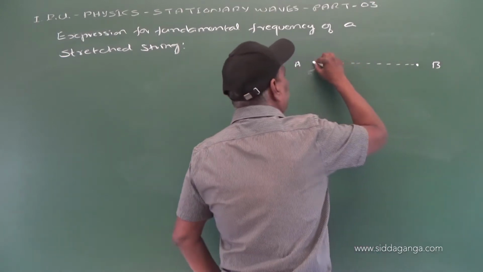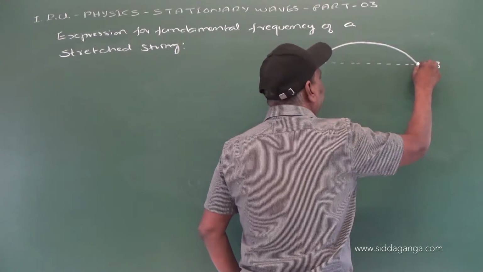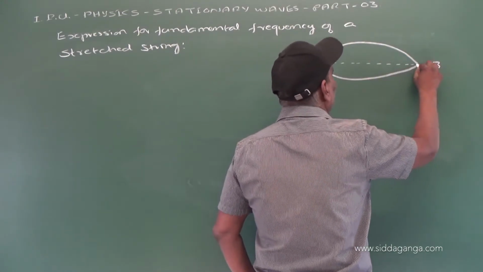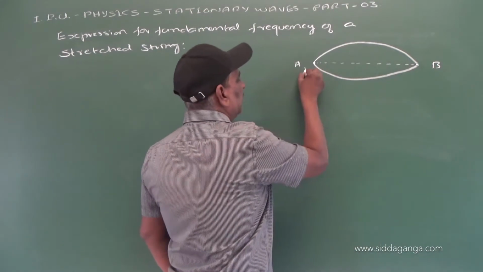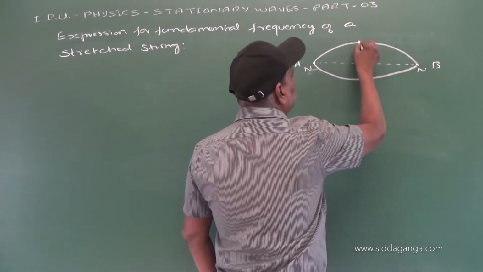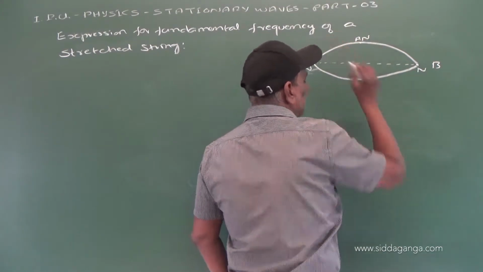When the string is vibrating in the fundamental mode of vibration, it vibrates with one loop, with two nodes at the two fixed ends and one antinode here.